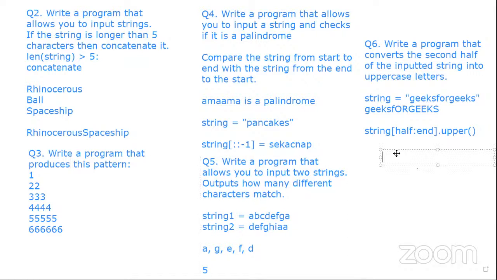Okay, and again, for question 5, for those of you that don't know, basically in an if statement, you can do this.